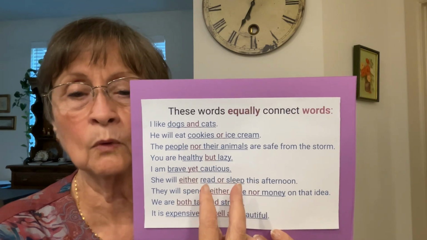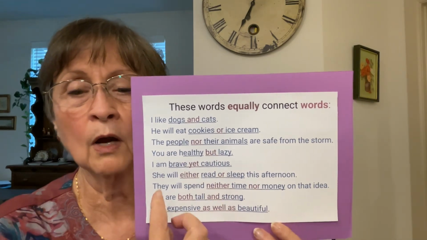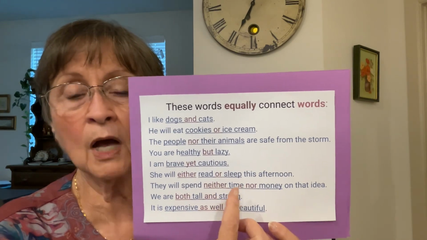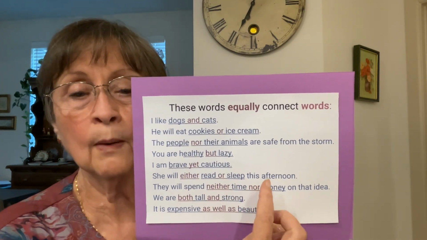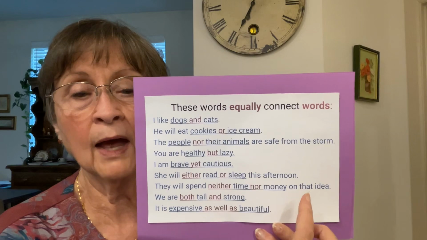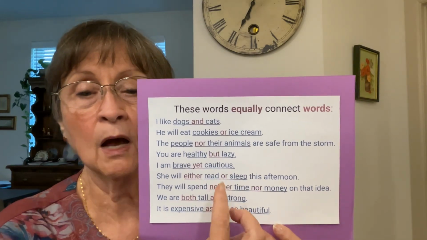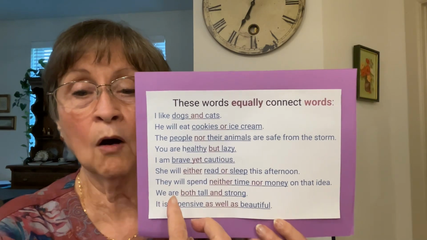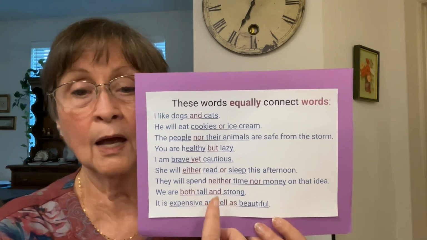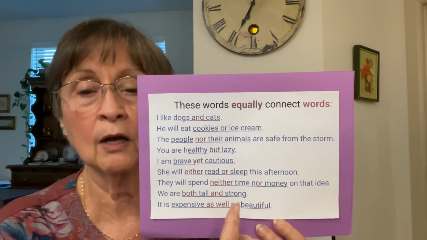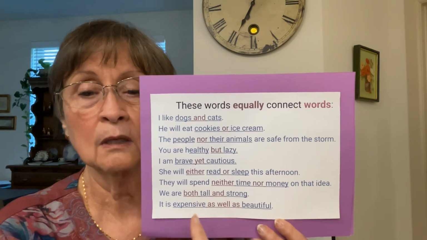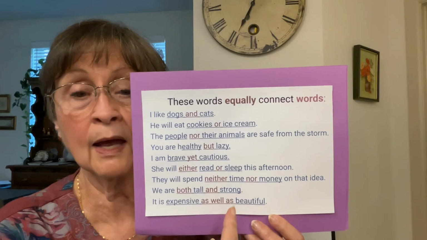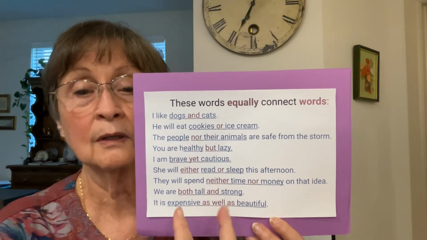These two are equal, connected by or. They will spend neither time nor money on that idea. Time, money are equal. We are both tall and strong. Equal. It is expensive as well as beautiful, equal.